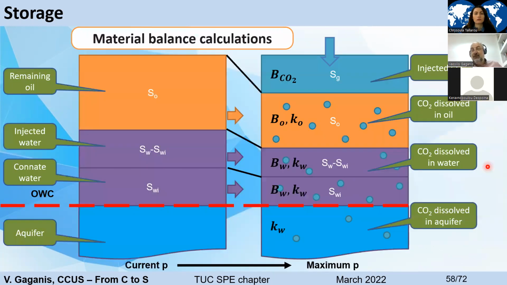A last example that will help you understand, especially the reservoir engineers among you. This is the simplest application of the material balance method in order to very simply estimate how much CO2 can be stored in a depleted reservoir. So suppose that the oil-water contact is here. That means that we get the aquifer, and above that, we got the reservoir.